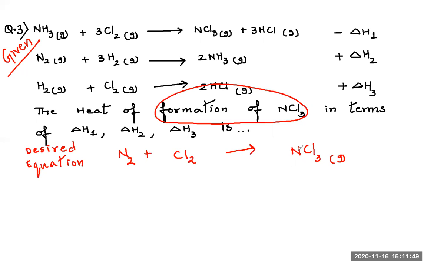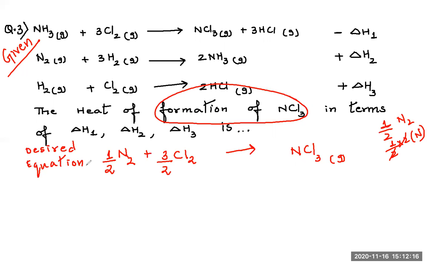But nitrogen, I want only 1. But here there are 2 atoms of nitrogen. So I multiply it with half. Half of N2 is half of 2N. So half N2 is nothing but half into 2 times N. That becomes 1 time N. Similarly, here I'll do 3 by 2, which is again Cl3.